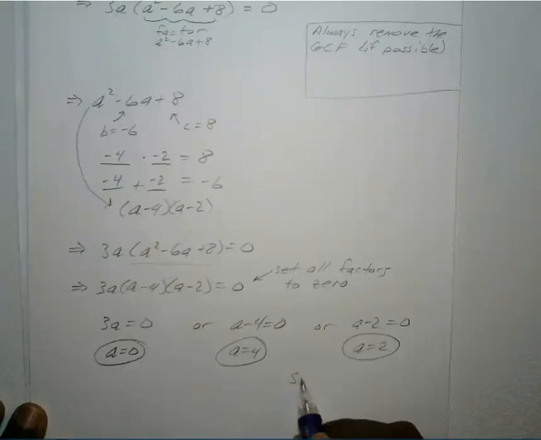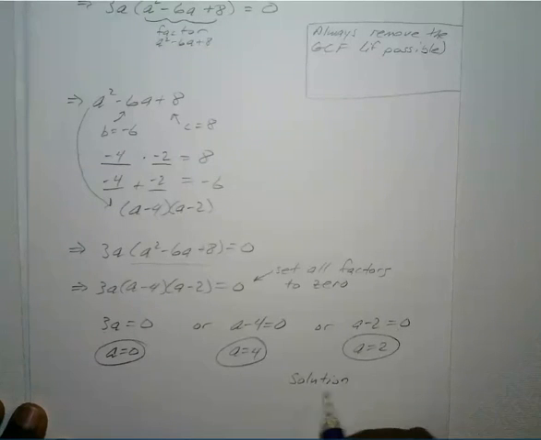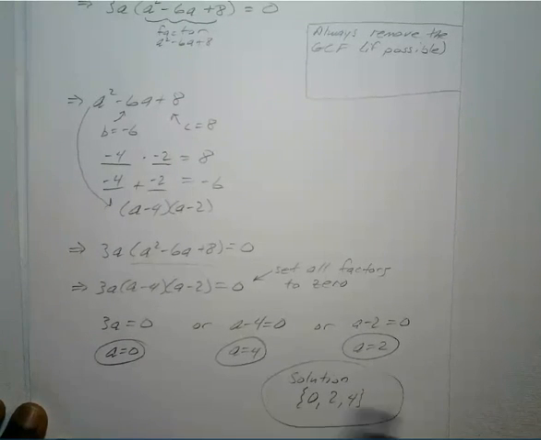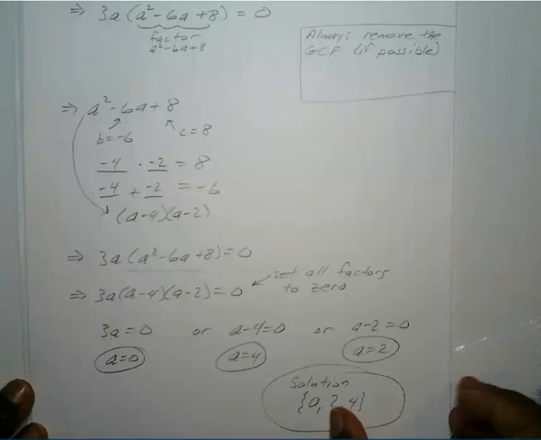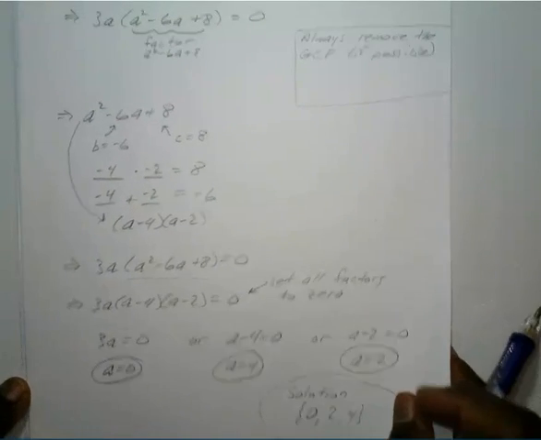Okay, so our solution is 0, 2, and 4. A can equal any of those values, and it will make your original equation true. All right. So let's go ahead to our next example.